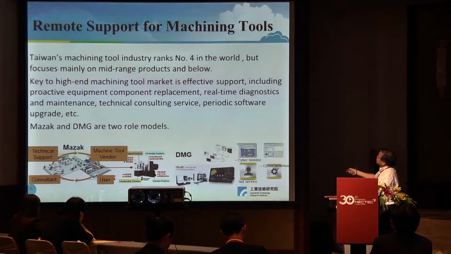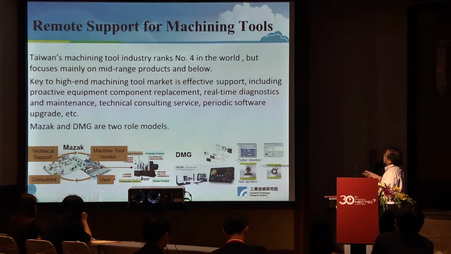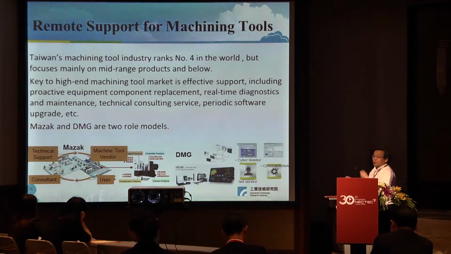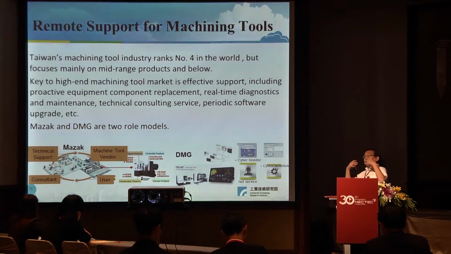And so you can use this to do things like proactive equipment component replacement, right? Before they know it, I already tell you that it's going to fail, and I'm going to ship that component to you. And we can do real-time diagnosis and maintenance, and we can do technical consulting service. In many cases, the users of this machining tool do not really know how to use it, and the one who sells the machining tool can provide consulting service for them.